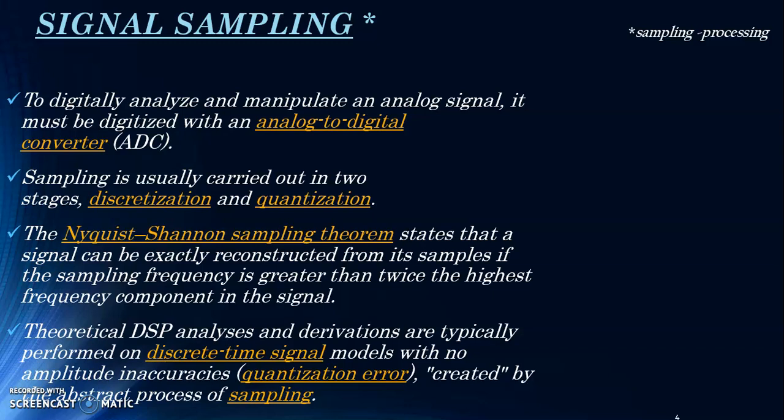The Nyquist-Shannon sampling theorem states that the signal can be exactly reconstructed from its samples if the sampling frequency is greater than twice the highest frequency component in the signal. Theoretically, DSP analysis and derivations are typically performed on discrete-time signal models with no amplitude inaccuracies created by the abstract process of sampling.